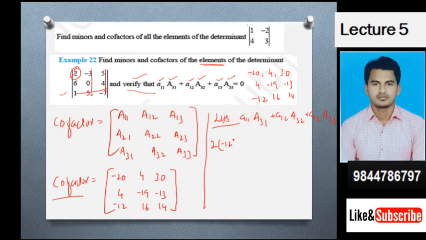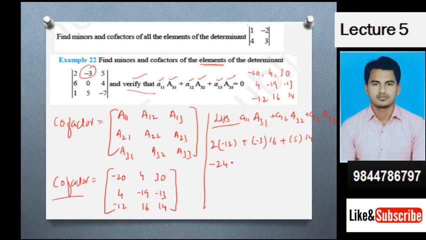Minus 12, plus A12, that is minus 3. This is A12, isn't it? This is A12, minus 3, A32 16, plus A13 that is 5, A33 is 14. Now simplify.